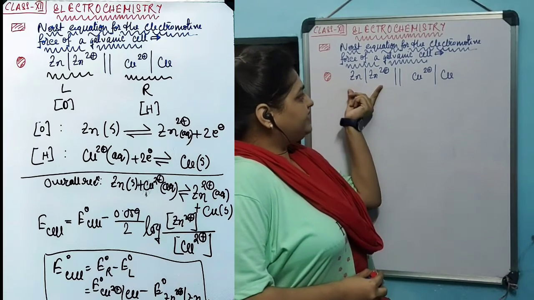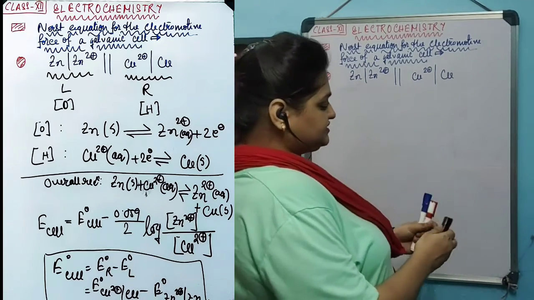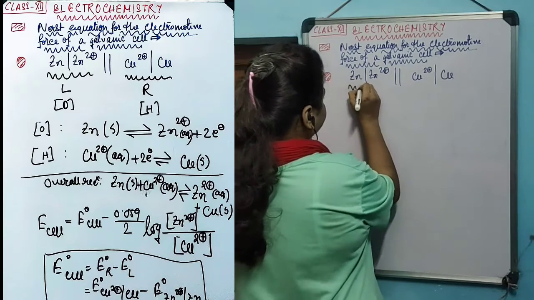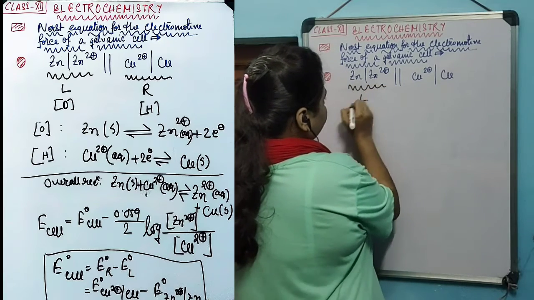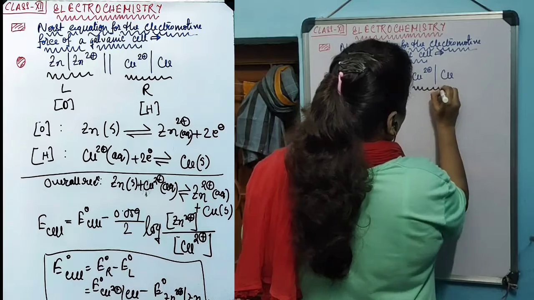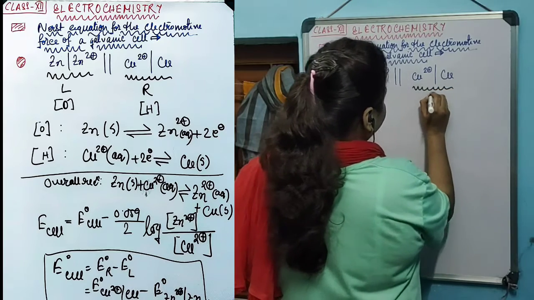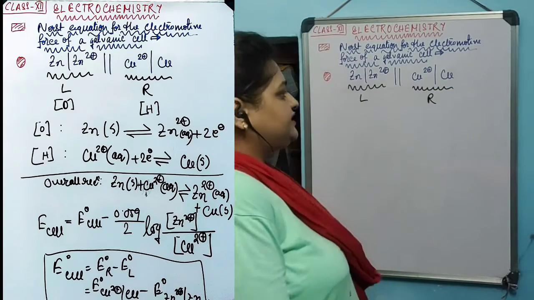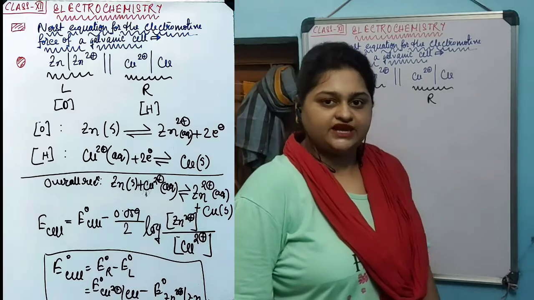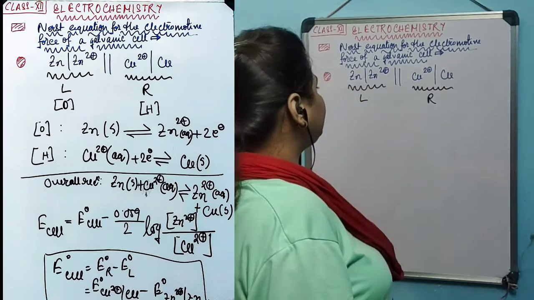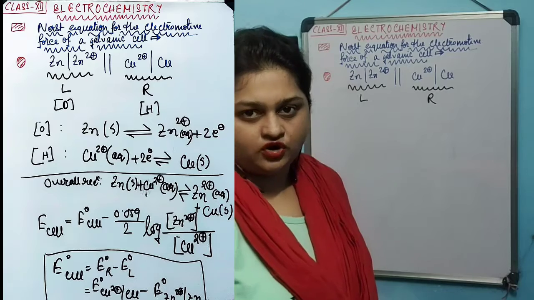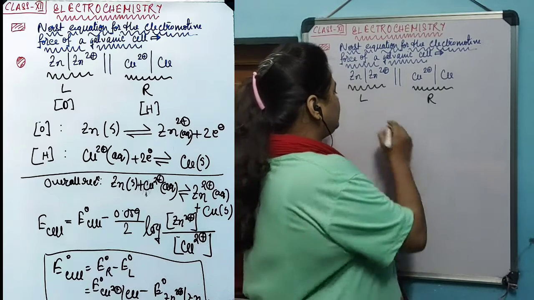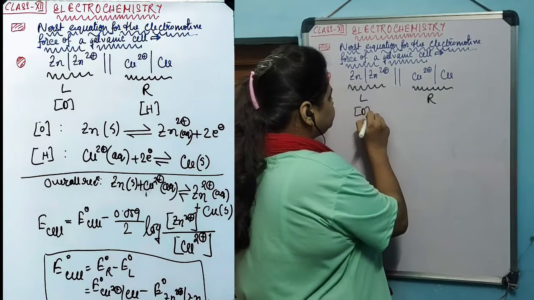The left hand portion represents the cell reaction happening in the left hand side half cell, and this portion represents the cell reaction happening in the right hand side half cell. We know that in the left hand side half cell oxidation occurs, and in the right hand side half cell reduction occurs.